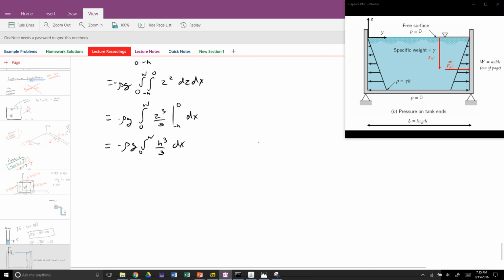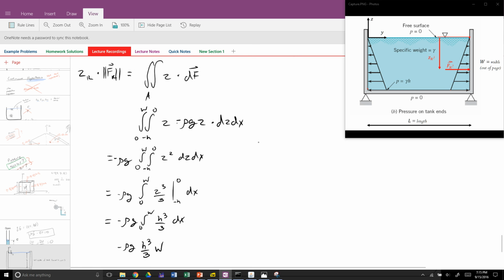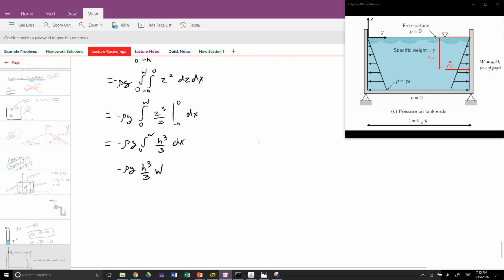All right, and then integrating along the x direction simply gives us negative rho g h cubed over 3 w.